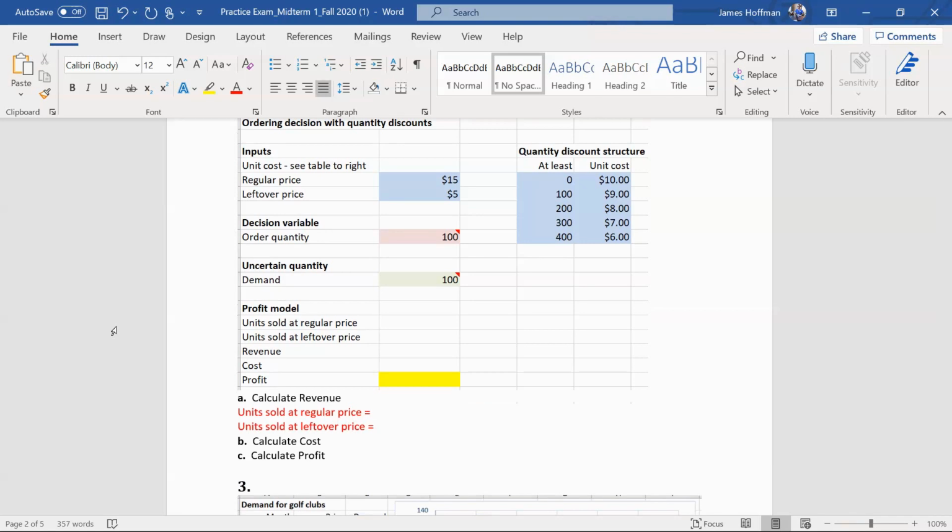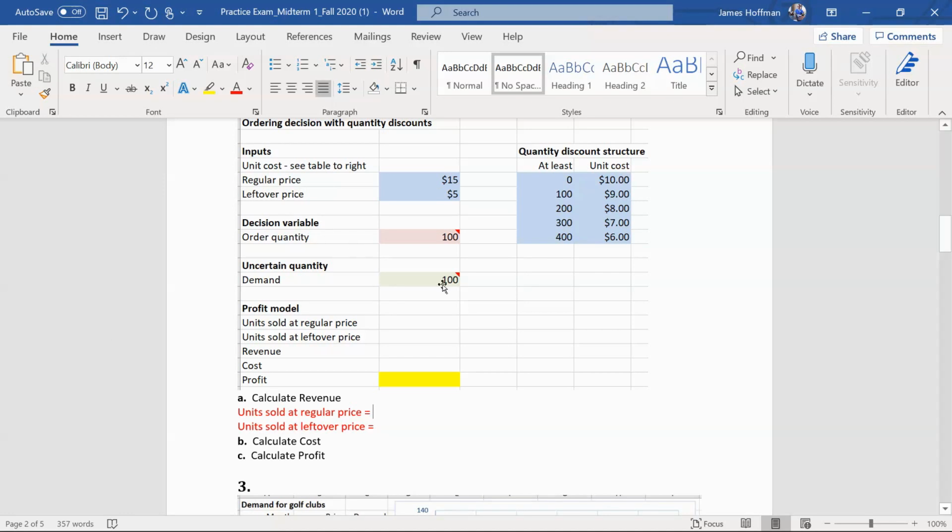So the point here, for the revenue side, is if we order the right amount of demand, then we sell them all. But if we order too little or too much, then we can sell them at a discounted rate because demand was not as high as we expected. So what we sell at regular price is based on how many we order versus what demand is.